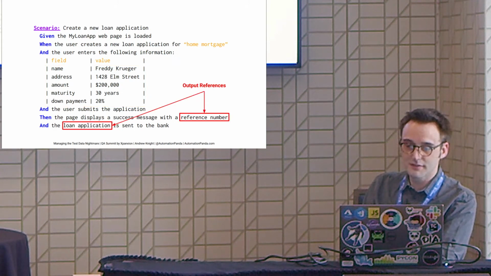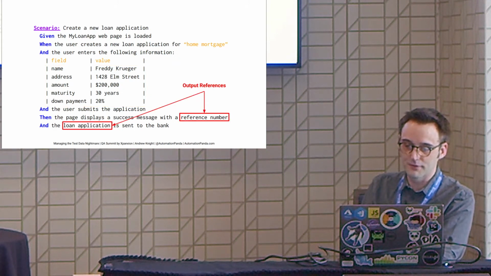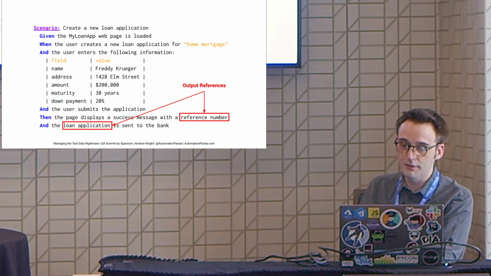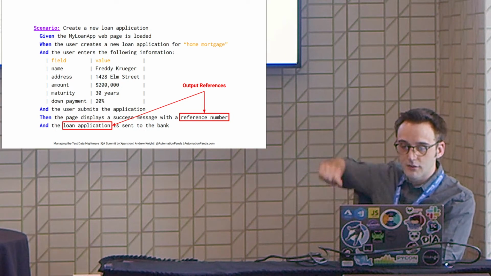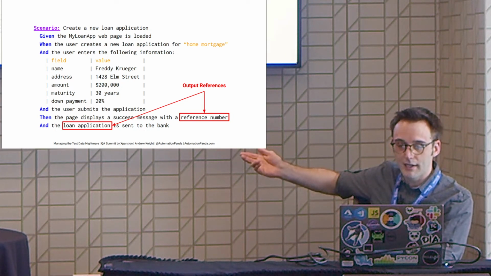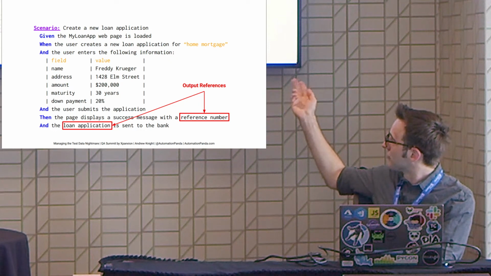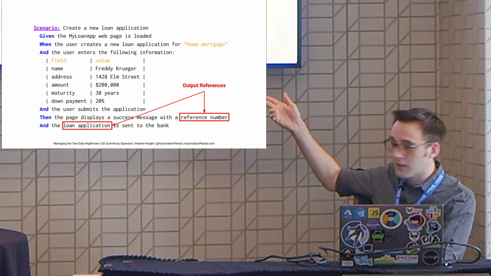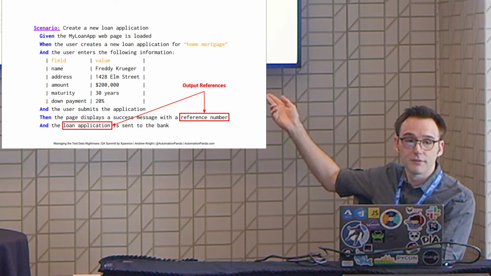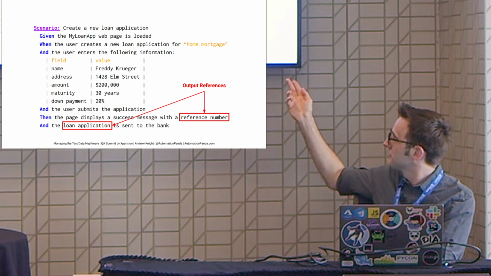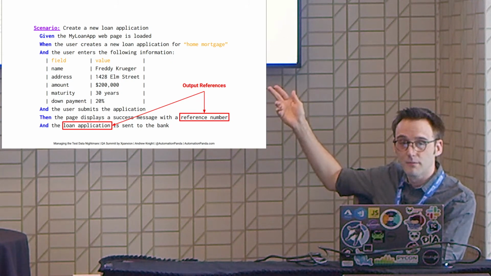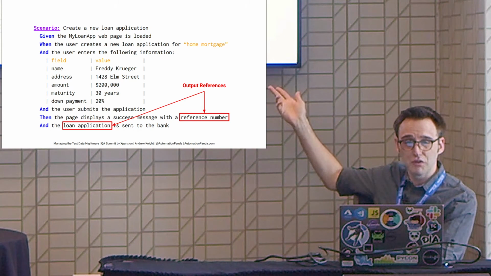The second kind of test case value is an output reference. These are values that are retrieved from the product under test. Typically, they are the outputs generated by exercising a behavior. So in this example, we have the reference number and the loan application as our output references. We didn't specify in the test case what these are, but rather the system generated these.